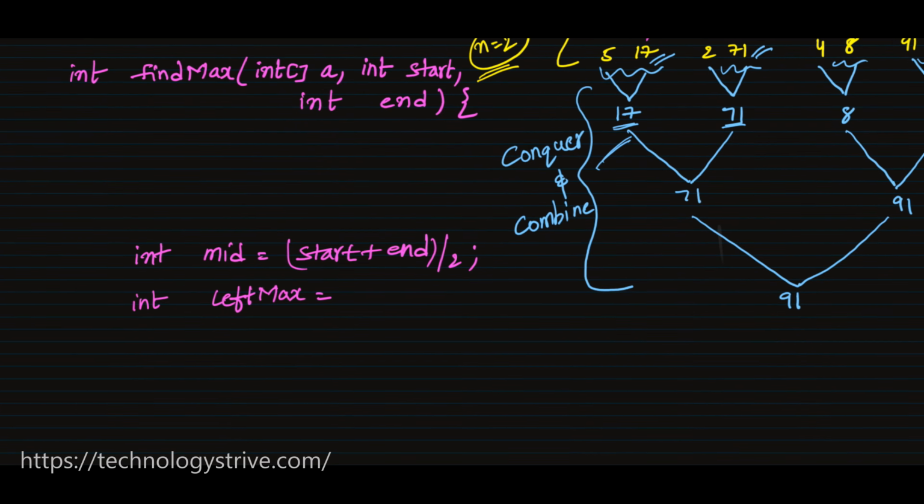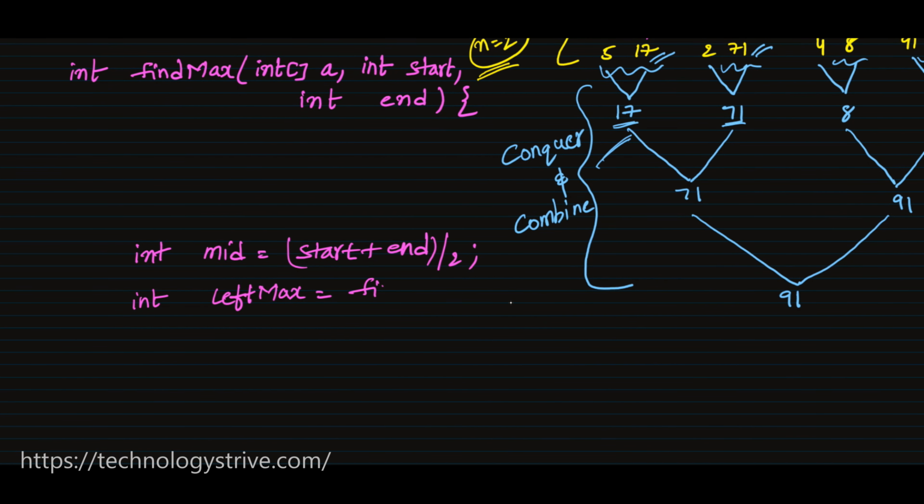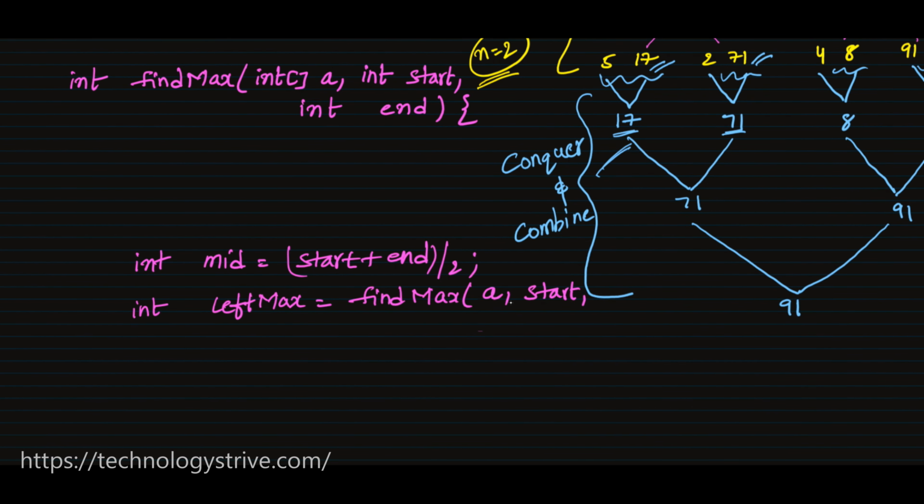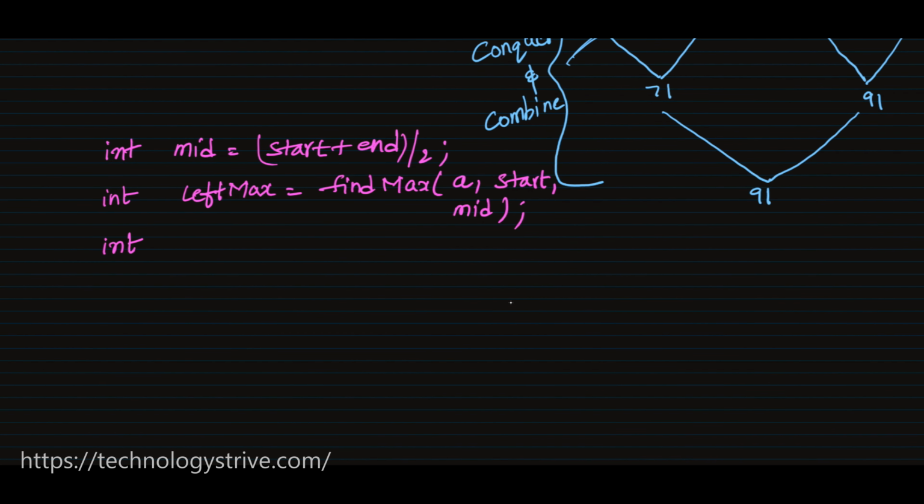What is the range? findMax is going to be the subproblem, right? We use the same array, but the starting index has no change, and the end index will be mid. Calculating rightMax, the same way, we call findMax with a, and the range will be mid plus 1 to end.